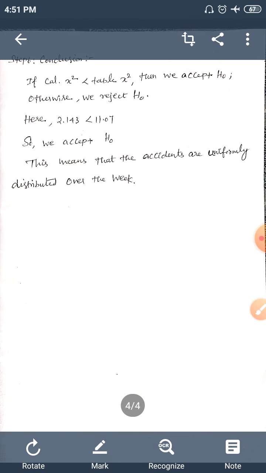Then compare the calculated value and the table value. Step 6 is the conclusion. The calculated value of chi square is 2.143 and the table value is 11.07. The table value is greater than the calculated value.